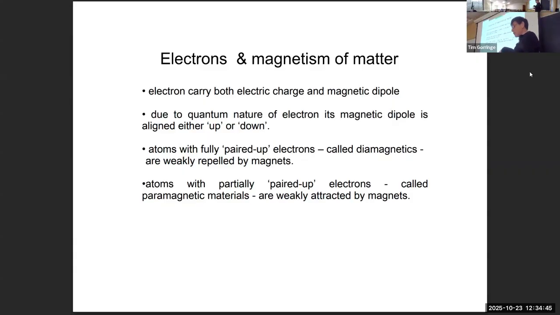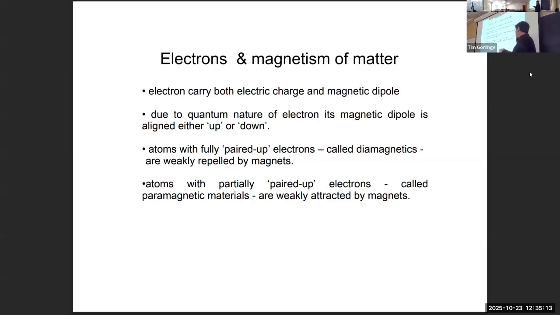Due to the quantum nature of electrons, their magnetic moments can be spin up, magnetization aligned, or spin down, magnetization anti-aligned with some chosen magnetization axis. So we've got aligned or anti-aligned magnetic moments from electrons, spin up, spin down electrons.